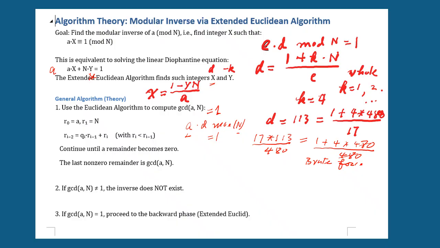So the first step is to apply the Euclidean algorithm to compute the GCD. In fact, that algorithm is also half of the work to find the solution. We call it the extended Euclidean algorithm.